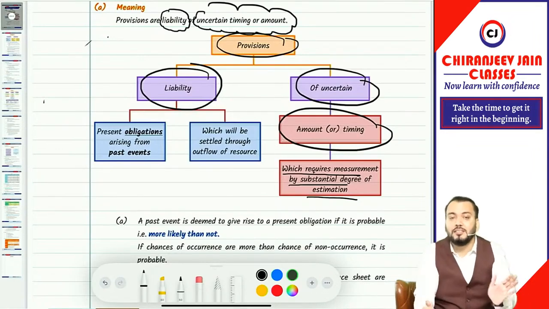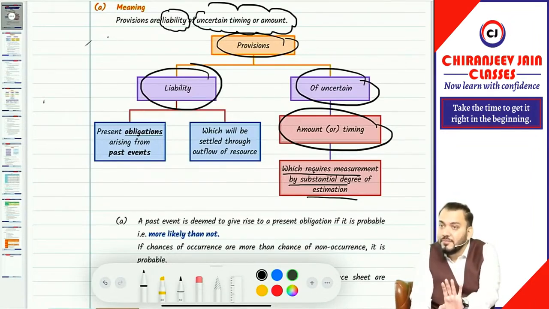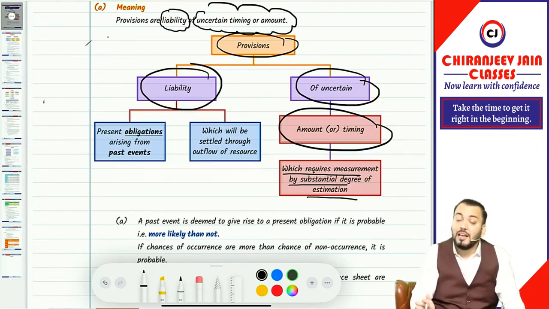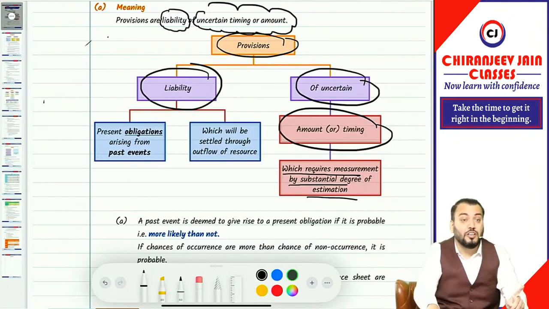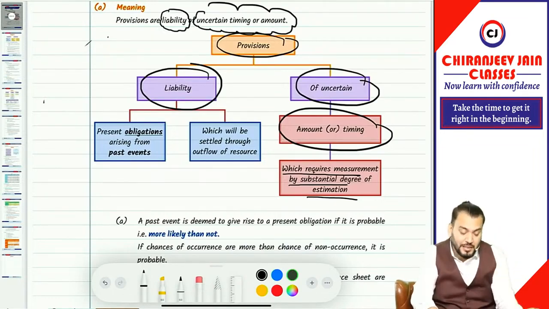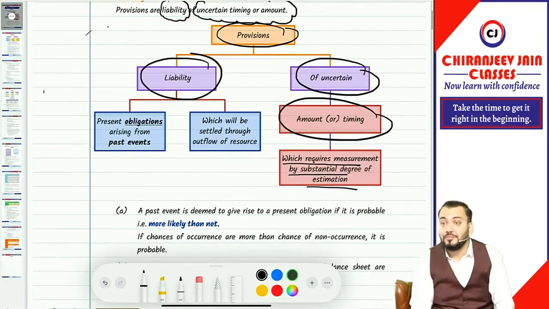How to measure such amount or timing is a separate point, but it can be estimated. When I am saying it can be estimated, it does not mean it is certain. Understood?